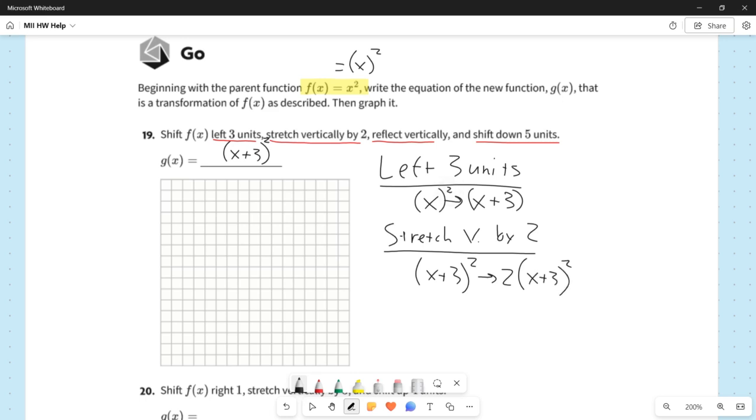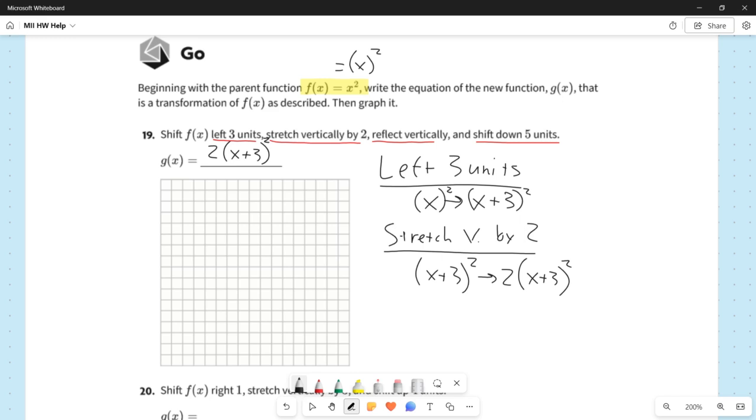And we'll say, squared there as well. So when you stretch vertically, you multiply by 2, but the 2 does not get squared. So the 2 does not go inside the parentheses. The 2 goes in front of the parentheses. So please make sure that you're not including that inside. It's not 2x plus 3, it's 2 parentheses x plus 3. Those are two different things.